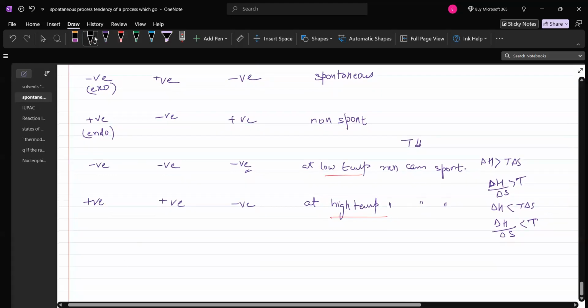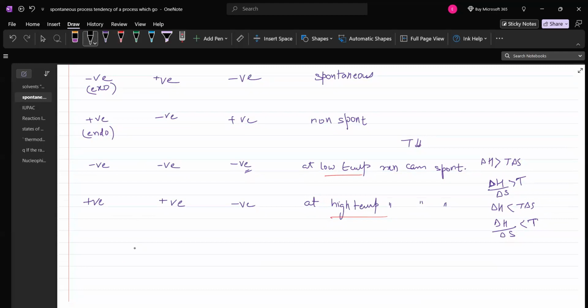Okay. There is a small topic. This is actually related with the equilibrium chapter, but still this is given in this topic because Gibbs energy is dependent on equilibrium.